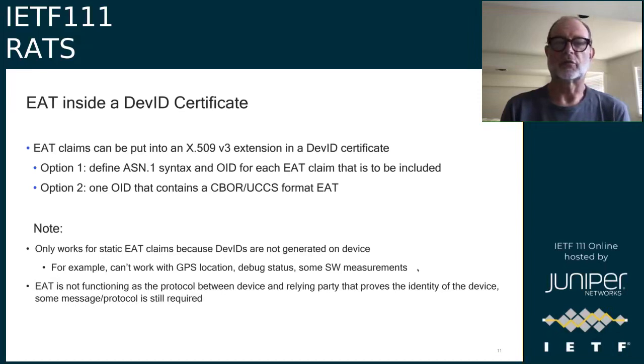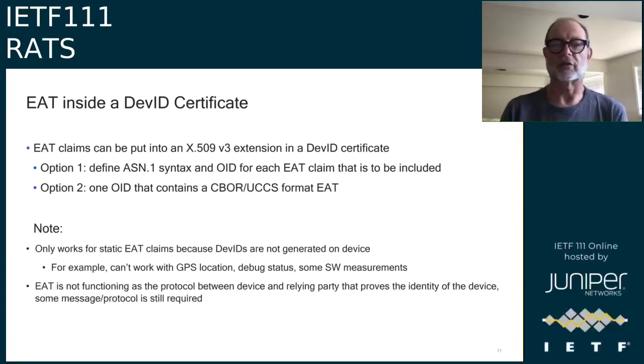And then those get put into the X509 v3 extensions. Another option is just to take an encoded EAT in CBOR format, probably not signed, so UCCS, and just stuff it into the DevID.